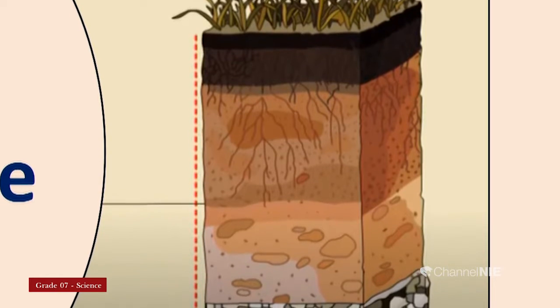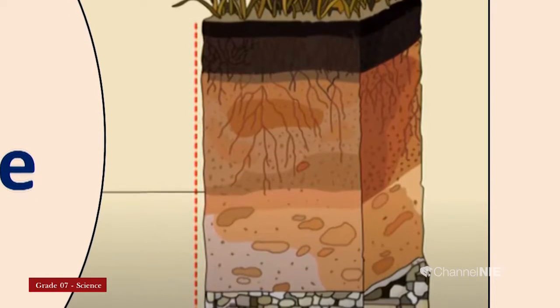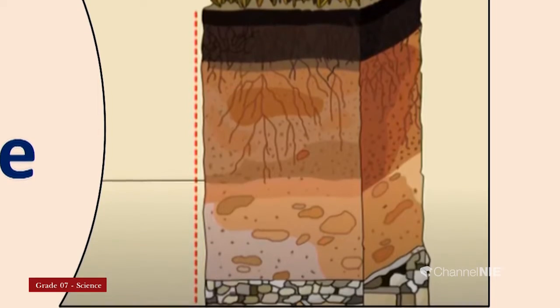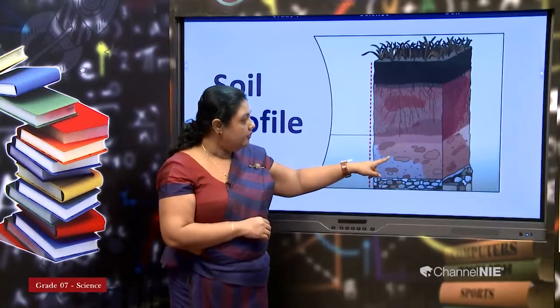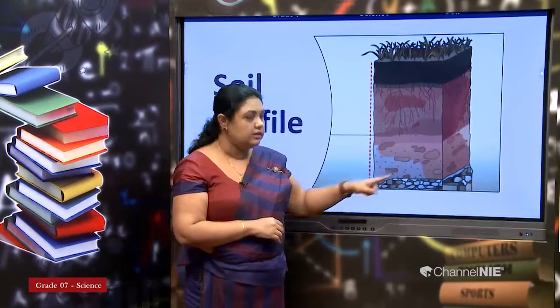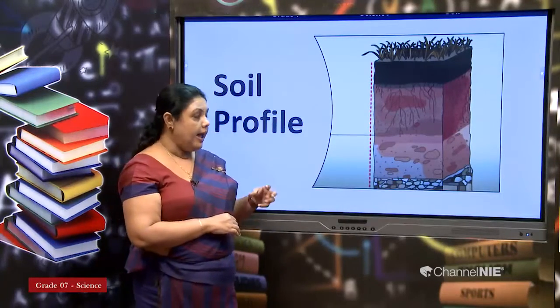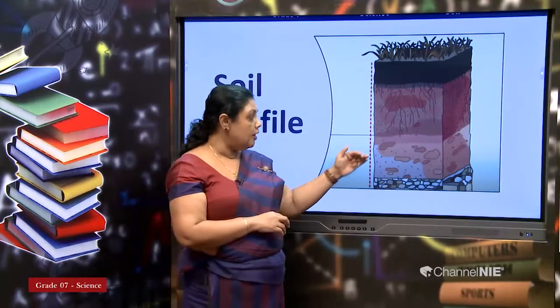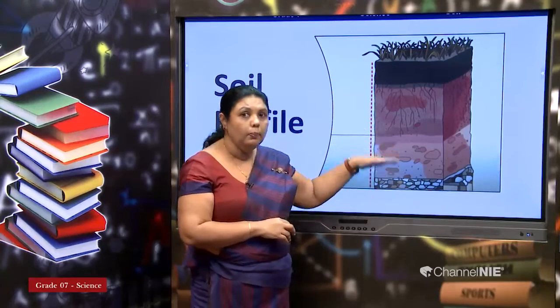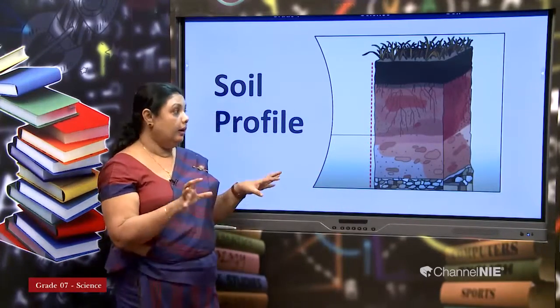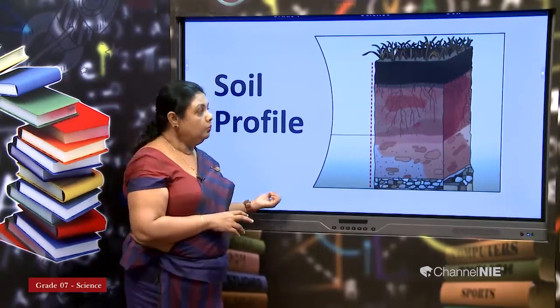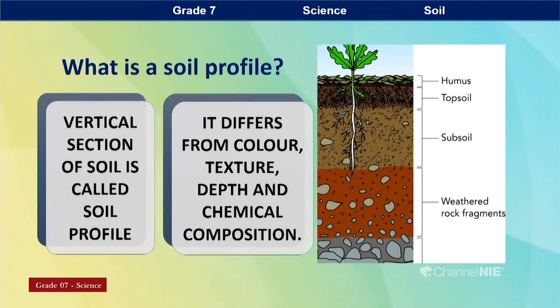Then another layer is there. You can see that large particles, rock particles and some large particles are found at the lower part of that soil. Now, see what is the topmost?